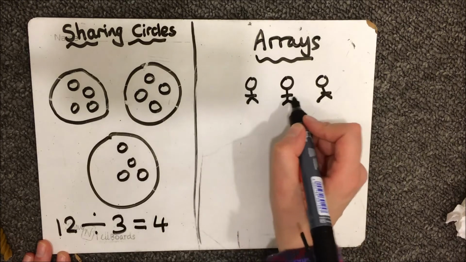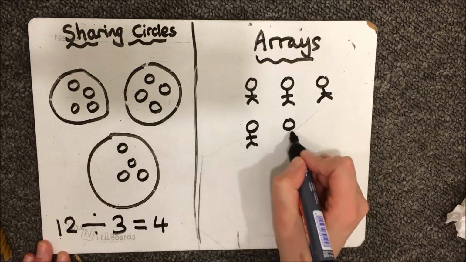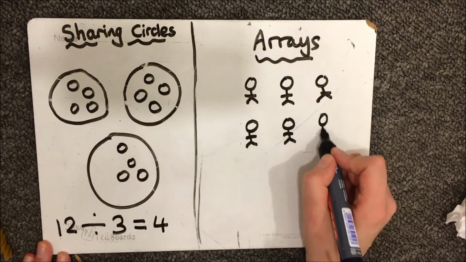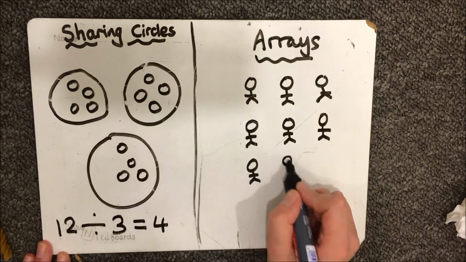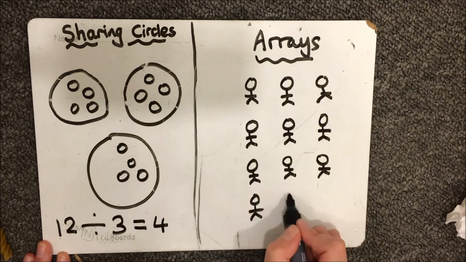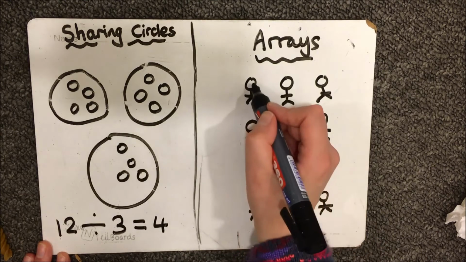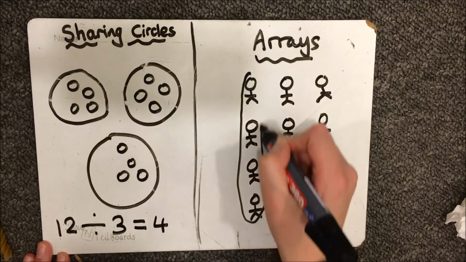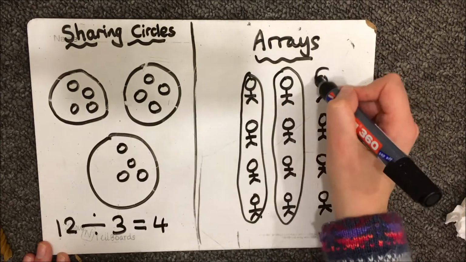So I've got 1, 2, 3, 4, 5, 6. How many do I need to count to? 12. 7, 8, 9, 10, 11, 12. So these are my 3 lines. My line leader here has 1 group. My line leader here has another group. And my line leader here has another group.